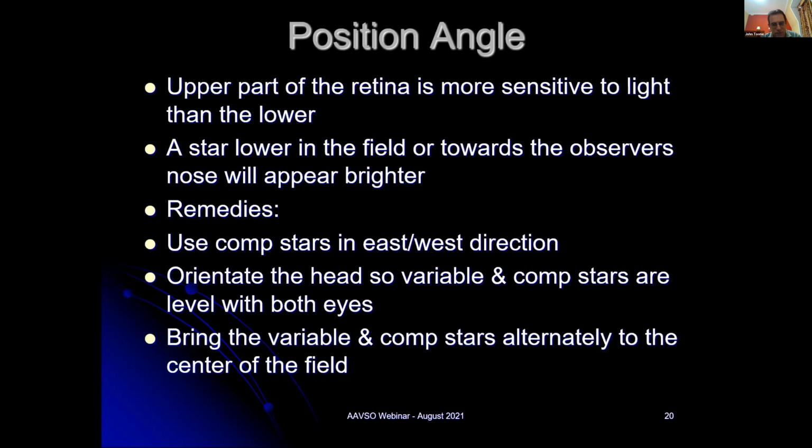Sometimes that's a little bit uncomfortable for observers, but it usually eliminates the issue of position angle. Alternatively, if that's not possible because of the angle of the comparison stars, you bring the variable and then the comparison stars alternately to the center of the field. You take your estimate from that position.